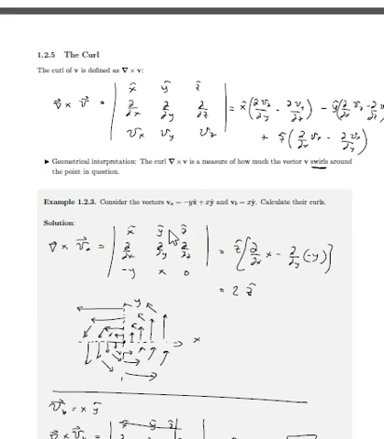Sa curl naman, what we will do here is to take the cross product of the del operator with the given vector. Okay? So diba na-define ko na to previously on how to perform the cross product. Okay?